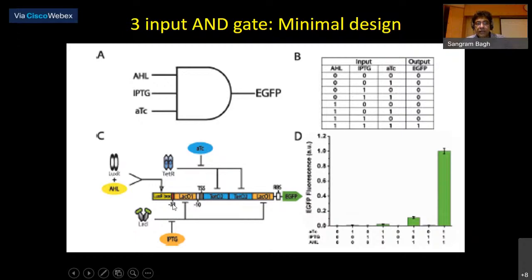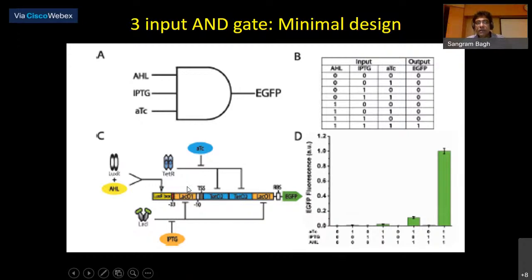For example, here between -33 and -10, we put the operator site of LacO1. LacI is a kind of protein which is sometimes called a repressor. If that protein or transcription factor binds here, because it binds to the DNA sequence, then RNA polymerase cannot bind due to steric hindrance.